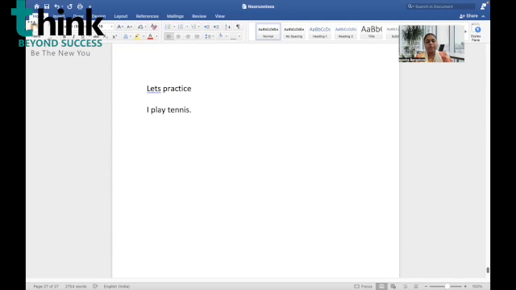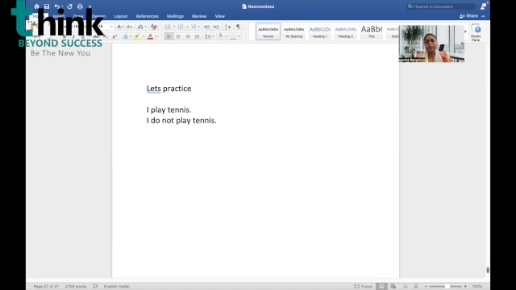Negative statement: the helping verb is do not, because we treat I as a plural subject. For a plural subject, to convert a positive statement into a negative one, we use do not. I do not play tennis. Play is our verb.